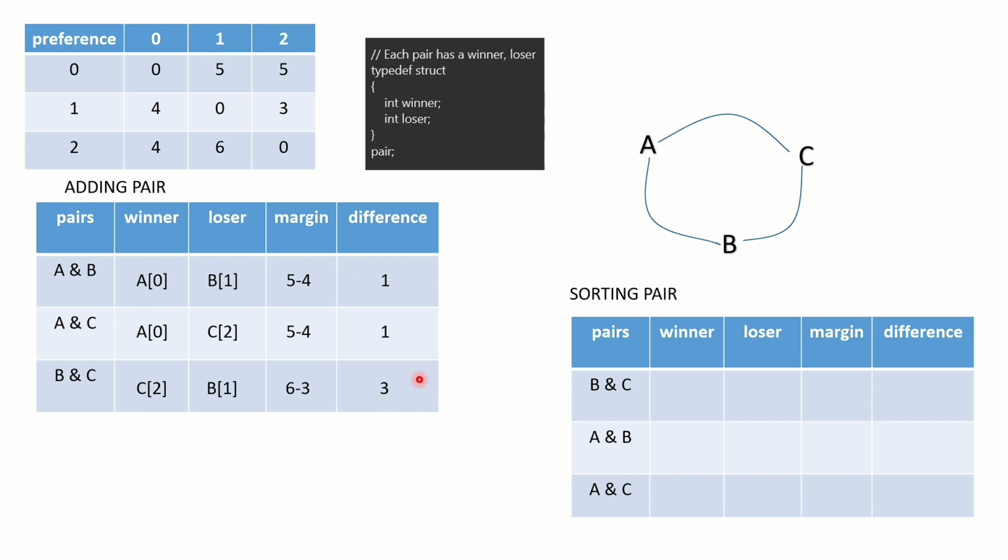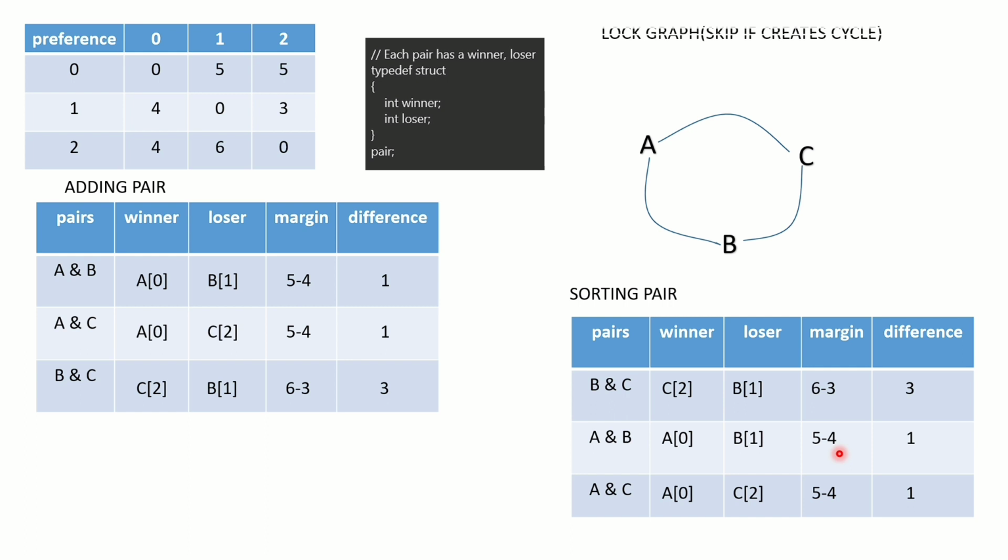So 3 is the maximum difference here, and Charlie is the winner and Bob is the loser, so I will just put it at the top. The other two need no sorting because the differences are equal, so I can just put them here.